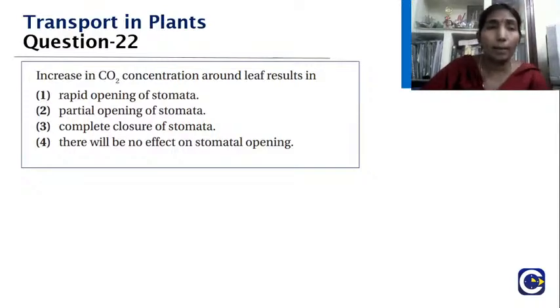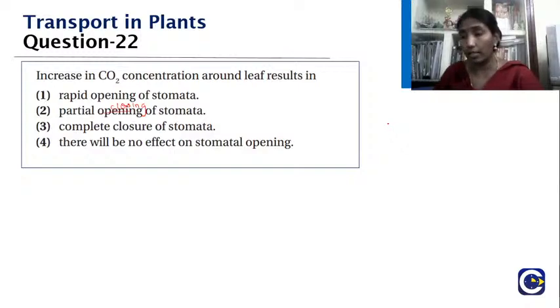Increase in carbon dioxide concentration around the leaf results in rapid opening of stomata, partial opening of, actually it should be partial closing of stomata, complete closure of stomata, or no effect on stomatal opening. So what should happen whenever there is more carbon dioxide? Imagine there is going to be more carbon dioxide.